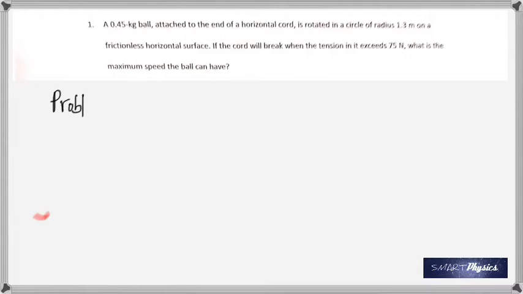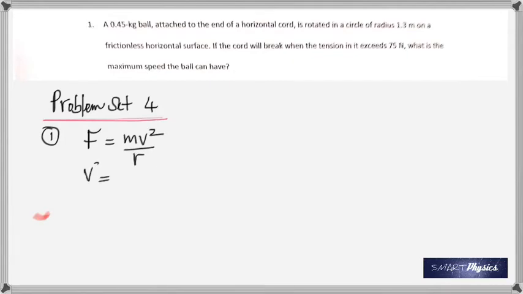The radius is given as 1.3 meter. The mass of the ball is given. And it's a direct application of the formula for centripetal force, which is mv squared by r. Make velocity the subject.